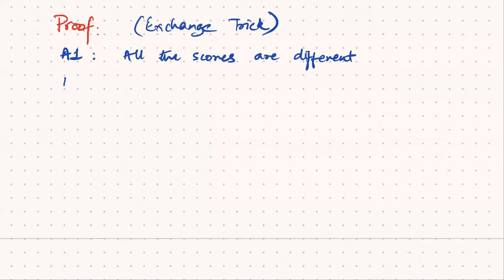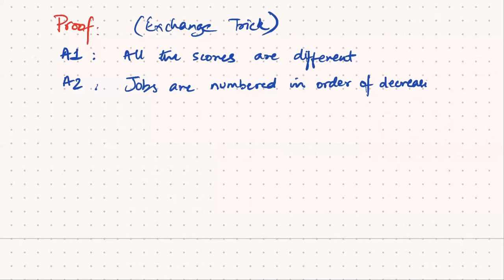And the second one is that we'll just assume that the jobs are numbered in order of decreasing scores. What that means is that the job which has number 1 is the job which has the highest score, and the job which has index n is the job which has the least score.